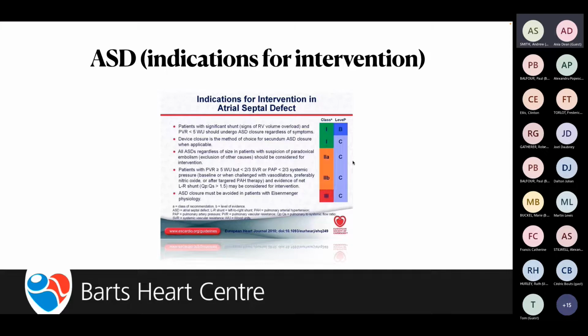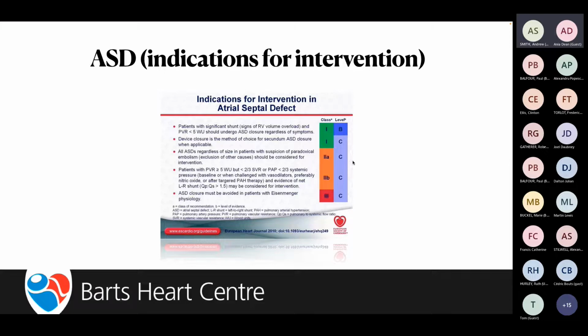There is this group of patients, and I mentioned to you before, to be aware of pulmonary hypertension. So some patients with ASD do have pulmonary hypertension. Whether or not it's related to the ASD itself or it's incidental pulmonary hypertension isn't clear and is a bit controversial.